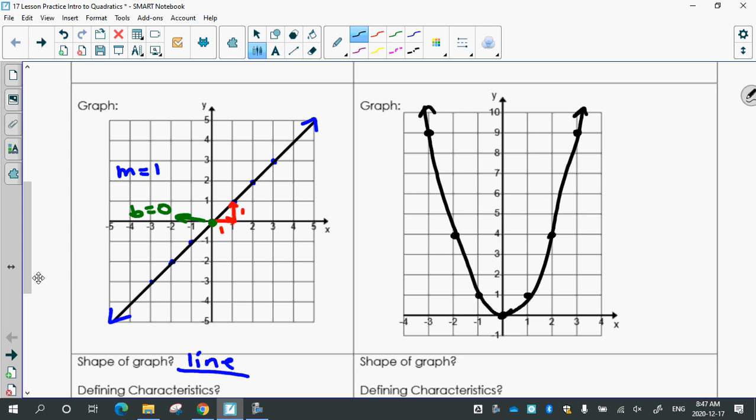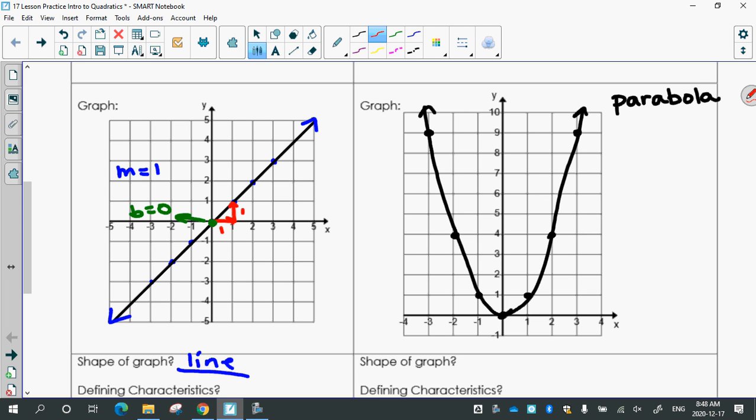So this U-shaped curve is not called a line, obviously. It has a special name called a parabola. Okay, so the name of that U-shaped curve is a parabola. It doesn't have a slope and a y-intercept as defining things. It has a vertex.